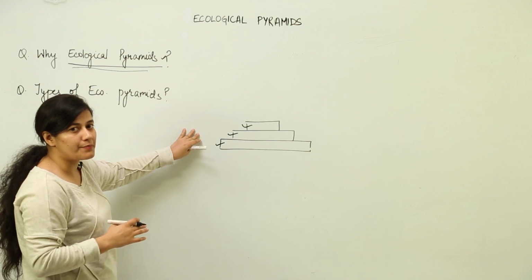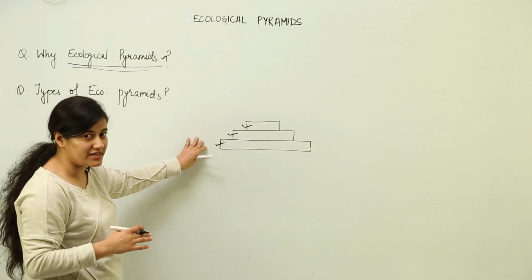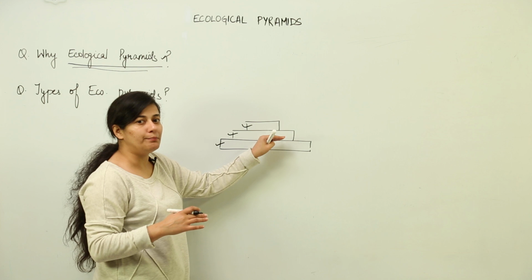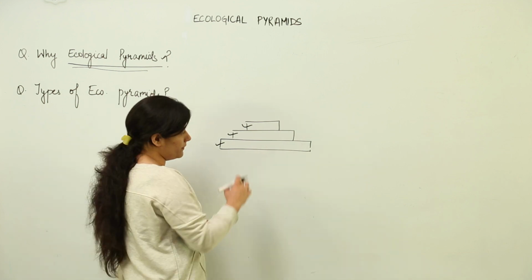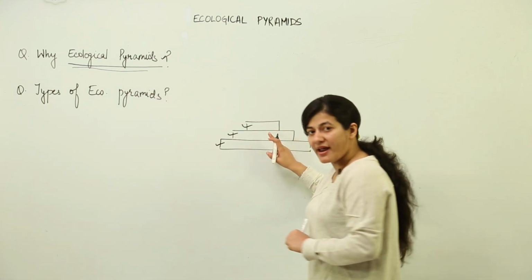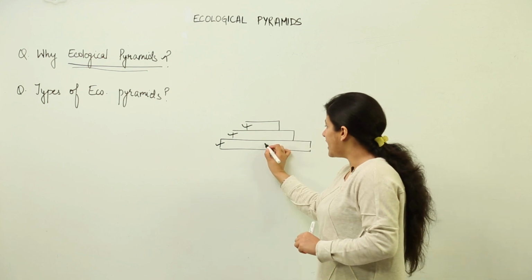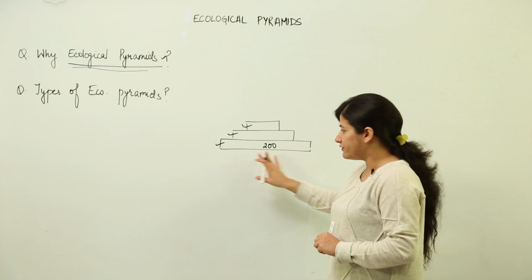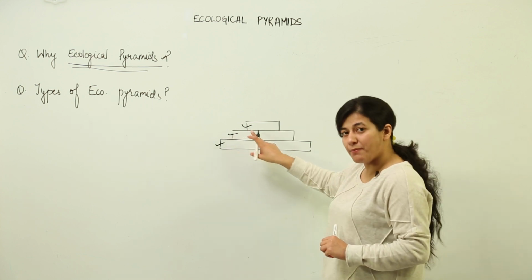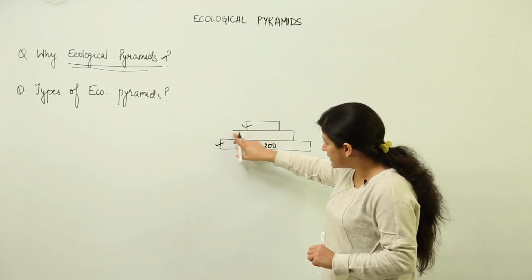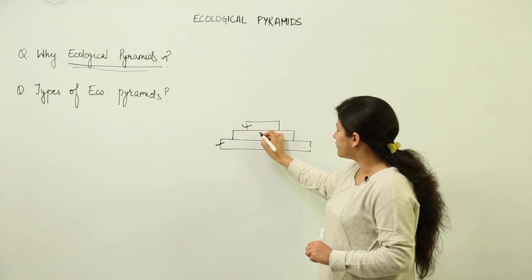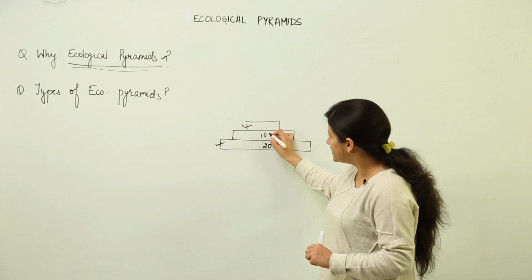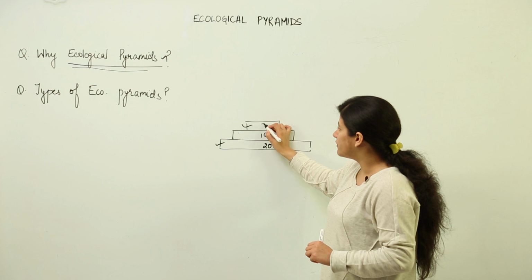It is the trophic level representation by drawing a comparison between each trophic level. Please understand that it is a comparison that is to be drawn. Supposedly I have 200 units over here, let it be any trophic level, then I would compare it with this and make the number in the next trophic level, which would be around 100 supposedly, and over here there would be 70.